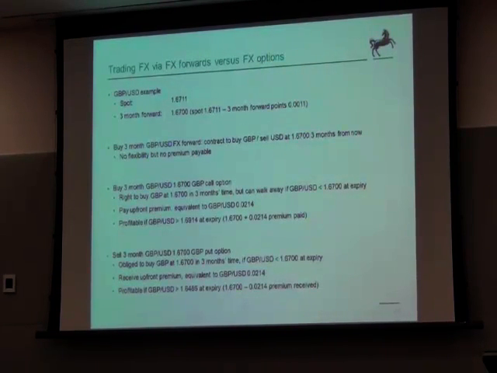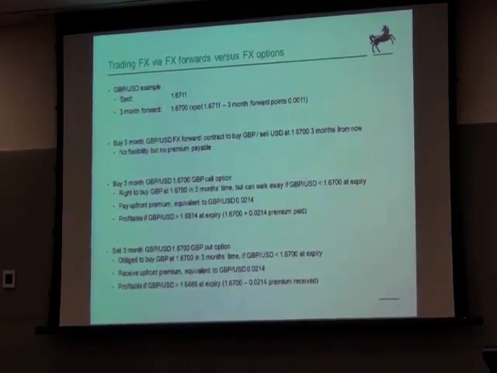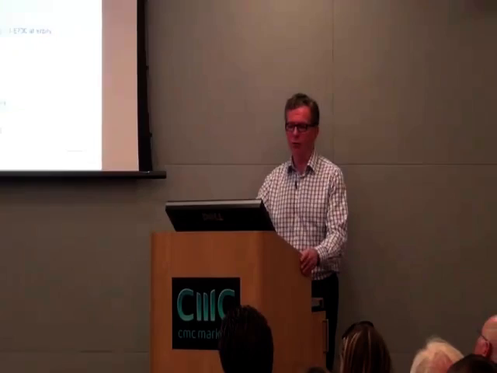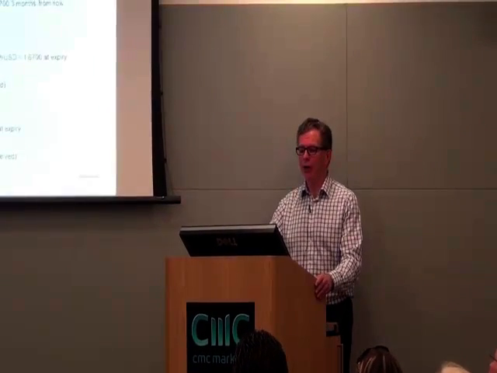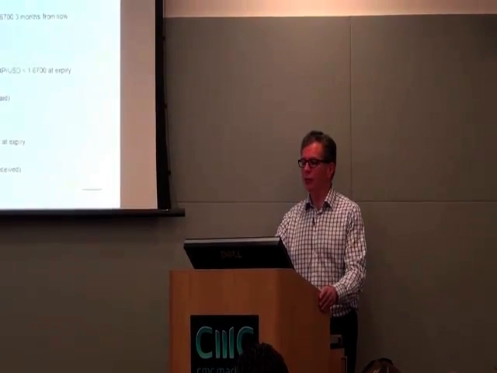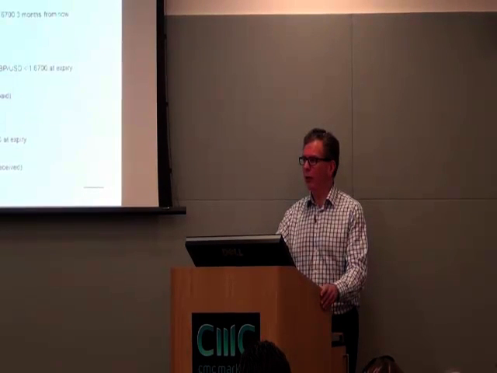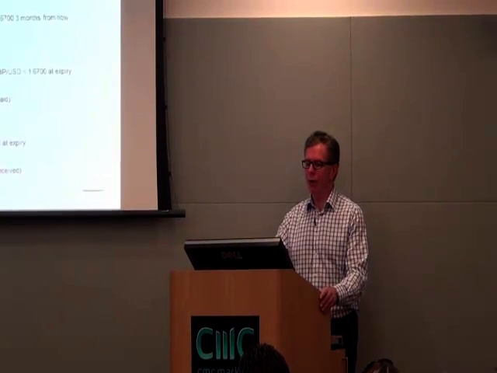If you're hedging an exposure, that can be very useful because your position is fixed, you can budget around that, and that's fine. But if instead you would like to be able to buy sterling at a lower level, or you don't want to be committed to buying at 167, then you can buy an option.